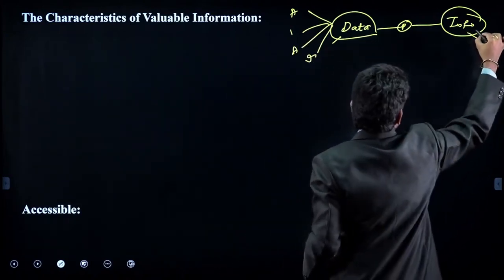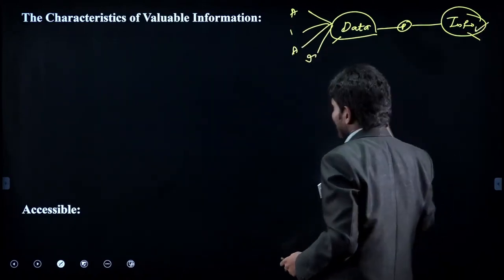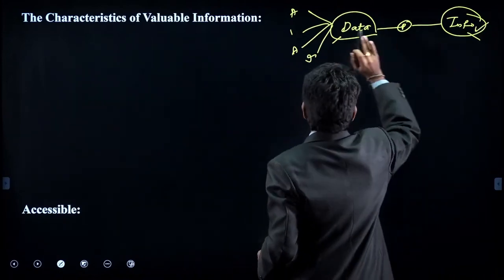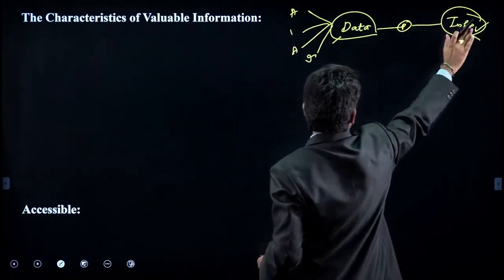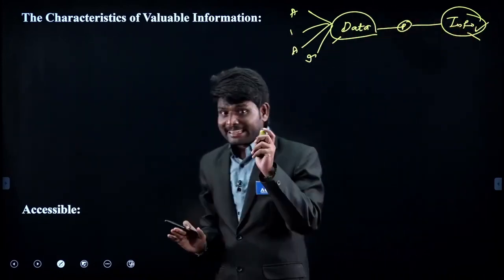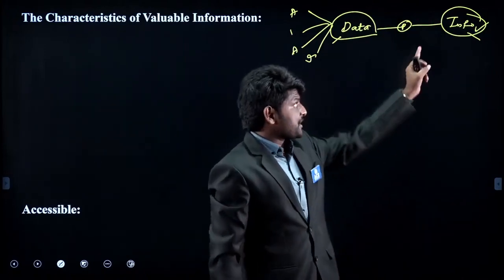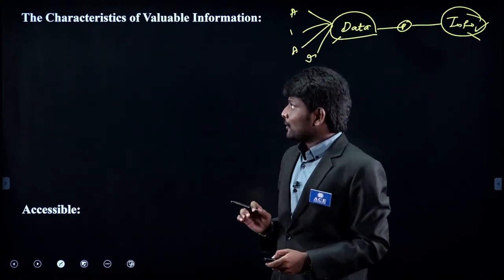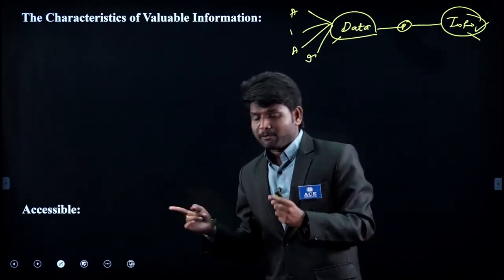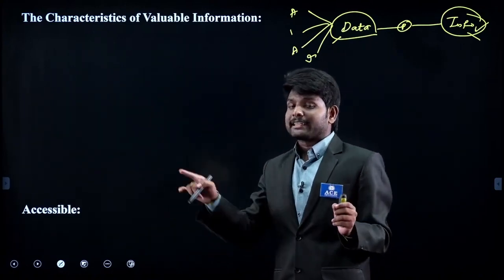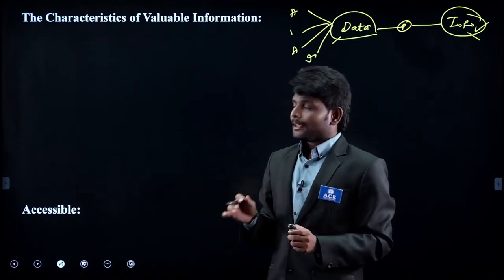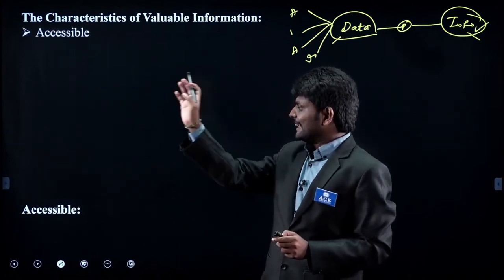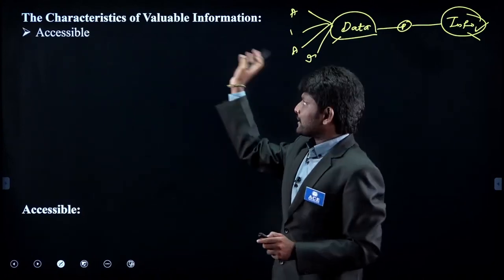Then I understood the definition of information. Now I am going to understand what are the salient features that make information different from data. And they may ask a question like, which of the following is the salient feature of information, or which of the following is not the salient feature of information, like that. That's why I am trying to mention each and every feature of information.